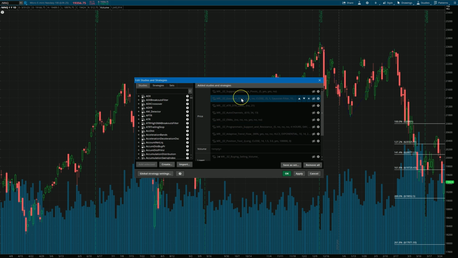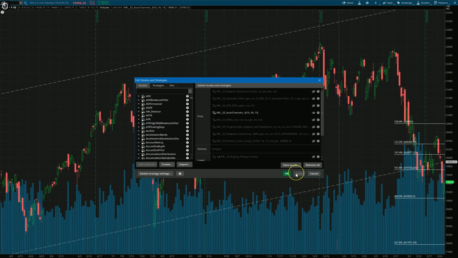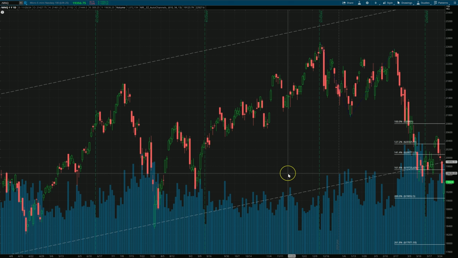The first thing I always want to look at is the auto channel. We want to turn that on, and then apply. There we go. What is it showing us? It's showing us for a year daily chart, MNQ is going up, except not right now. It's going down, or it has been at least.